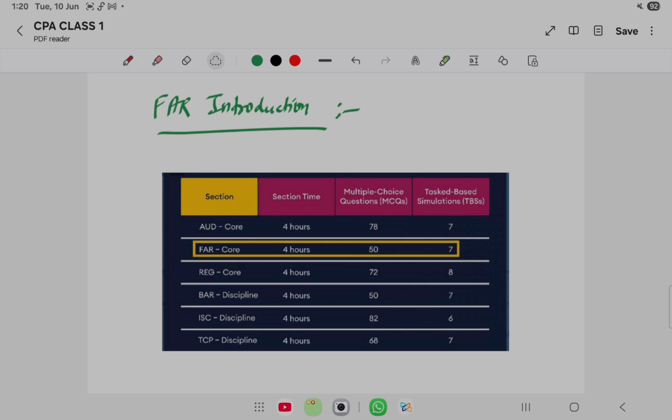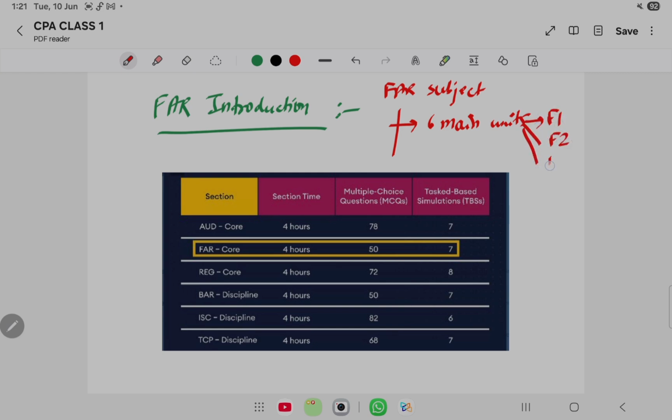Now let's start with the structure of the FAR subject. It is divided into 6 main units that are called F1, F2, F3, F4, F5, F6, and each unit is divided into some modules.